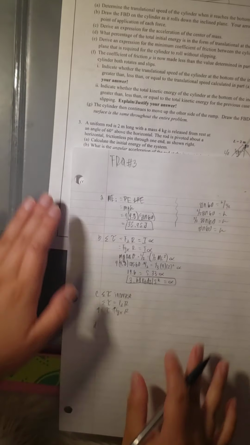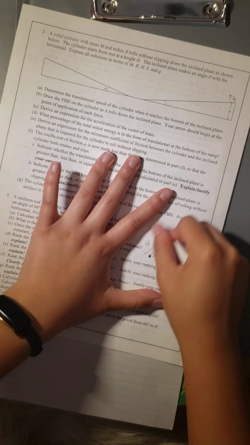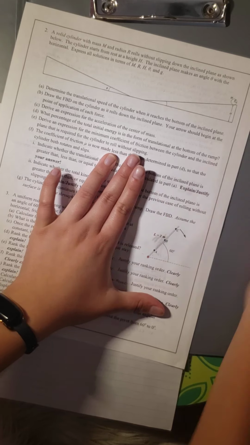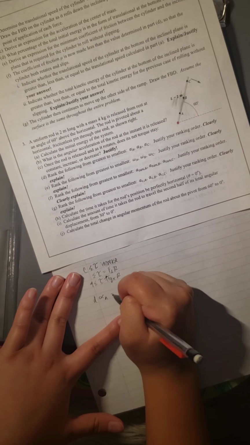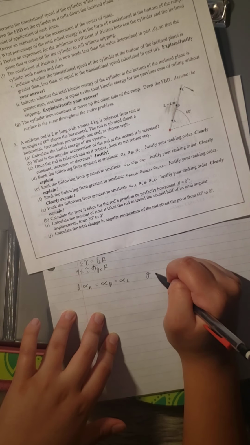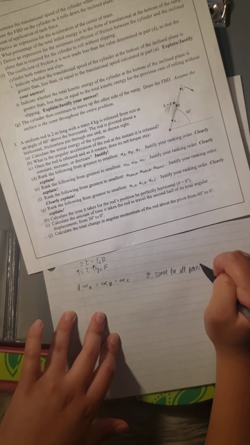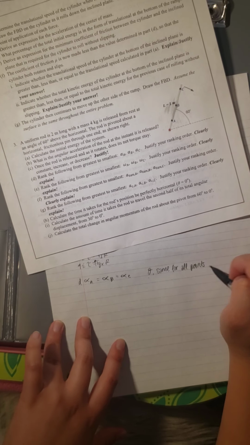Alright, part D wants us to rank the following from greatest to smallest, and these are alphas for point A, point B, and point C. So alpha A is going to be equal to alpha B, and that's going to be equal to alpha C. This is because your theta is the same for all points, and time is also the same for all points.